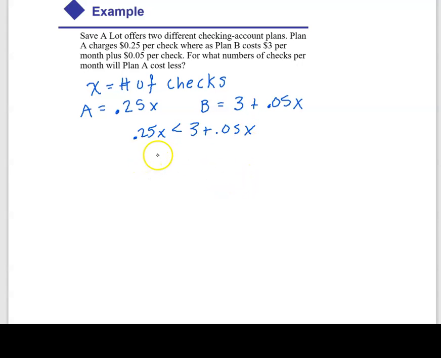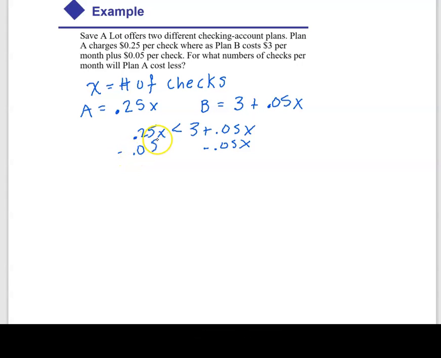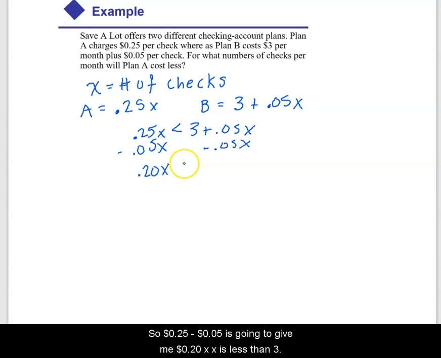Okay, so we've got an inequality to solve. We've got x's on both sides. Would it be a good idea to subtract 0.25x? It's not a terrible idea, but a lot of people get confused when they're left with nothing over here. So I'm actually going to subtract 0.05x to get all of my x's on the same side. So 25 cents minus 5 cents is going to give me 0.20x is less than 3.